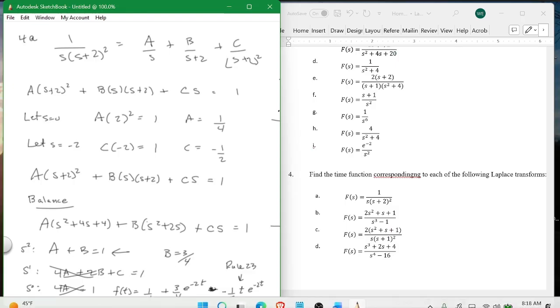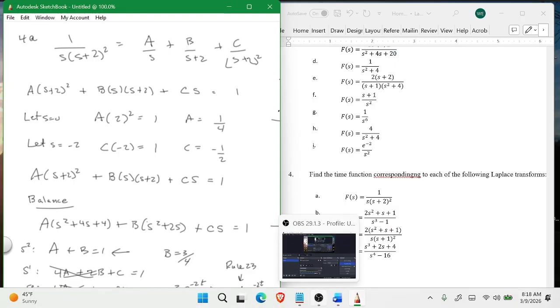So when you see something like this, don't panic, because you can't find it just by let s equal 0, let s equal minus 2. You can't find the b term. It's just not going to happen. You got to turn to this guy in order to get the final values. Any questions about that? Does that make sense? Good. Because that'll happen.